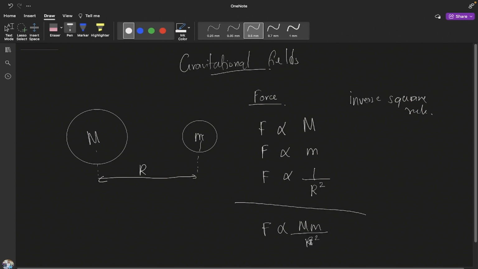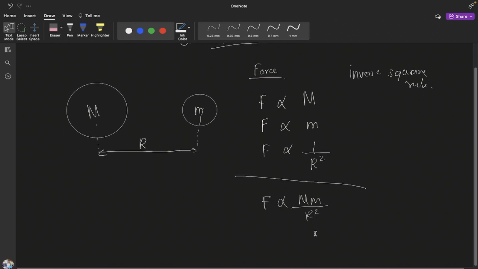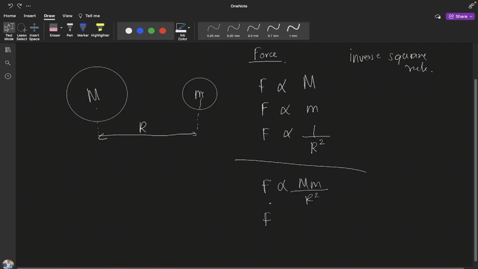You can convert a proportionality into an equation, into an equal sign, by using a constant. That constant is capital G. Capital G stands for universal gravitational constant.